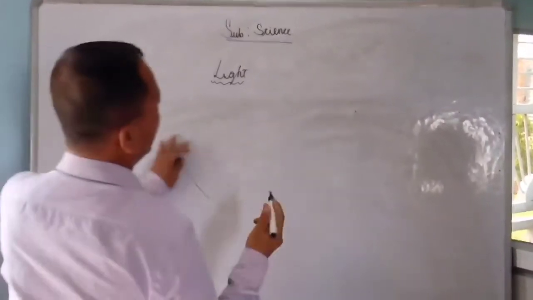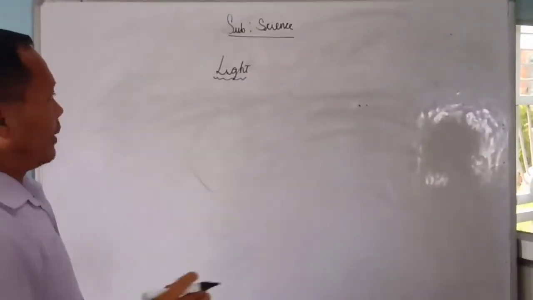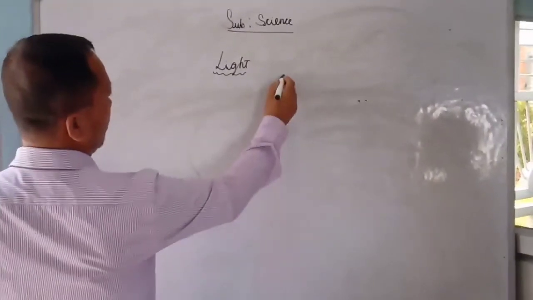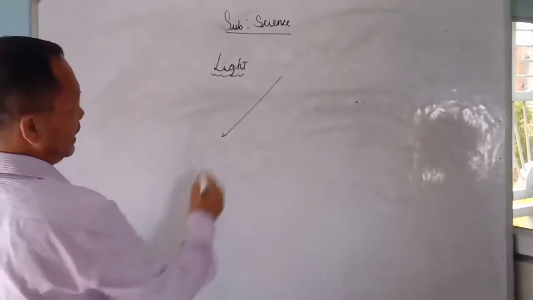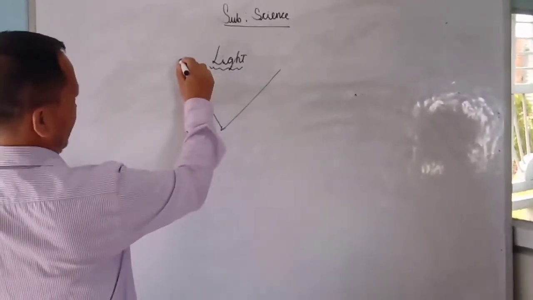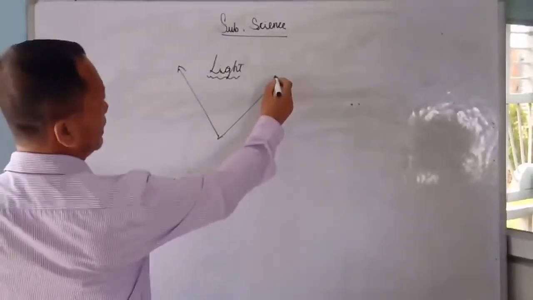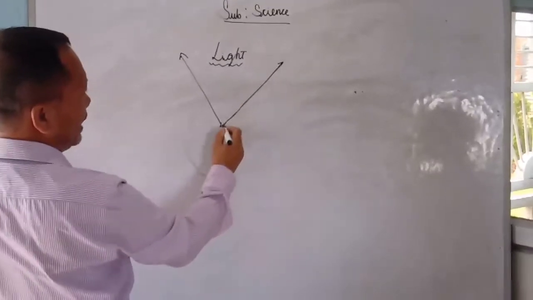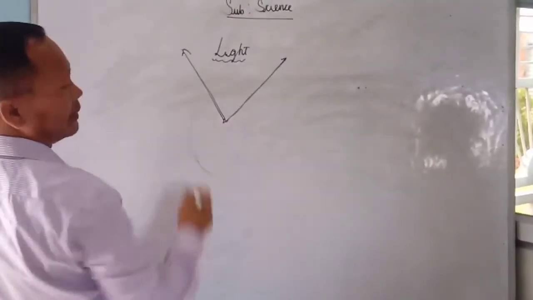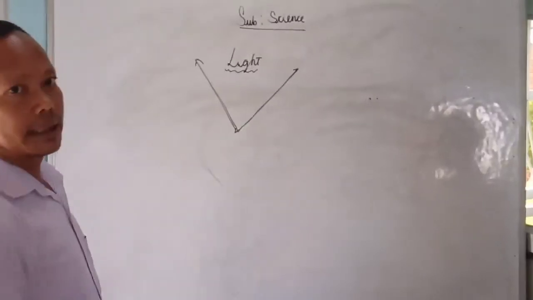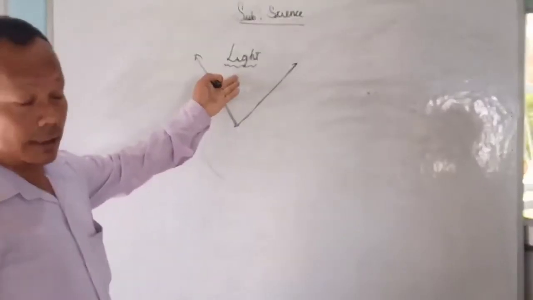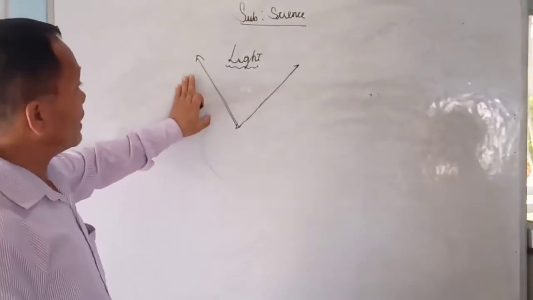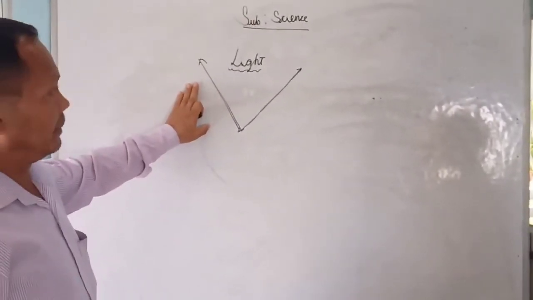When light comes and touches any kind of surface, it reflects back. When light comes and touches any surface, it reflects back, and we are going to study about the reflection of light when we start the chapter on light.